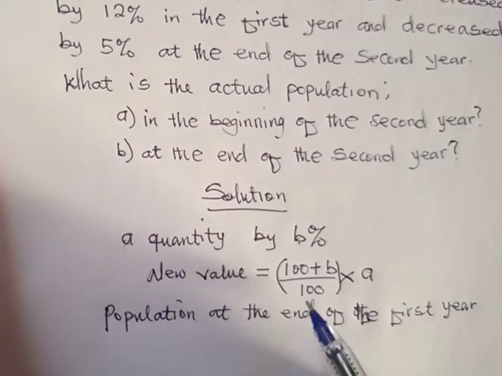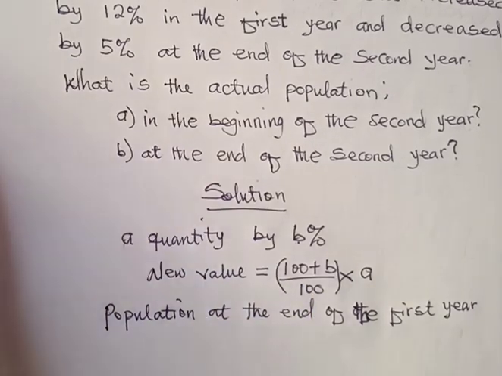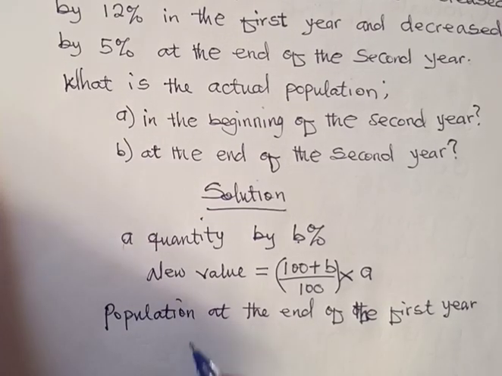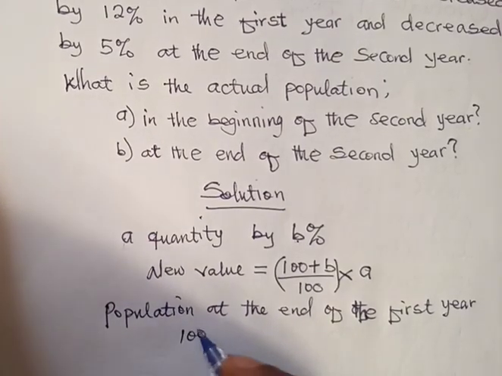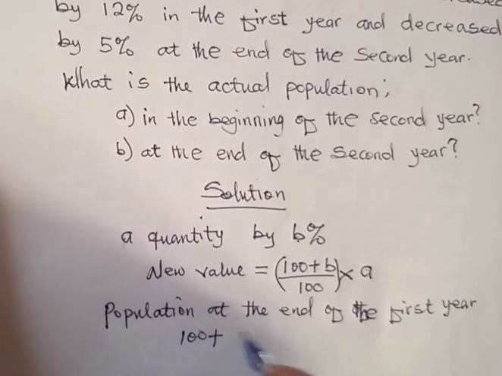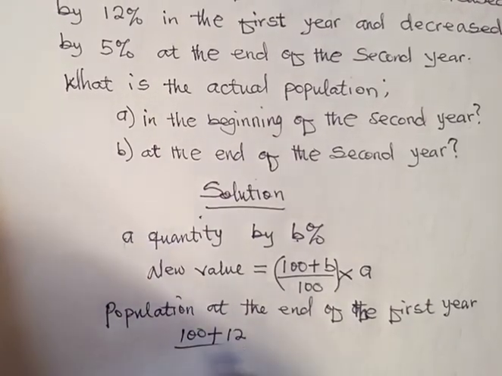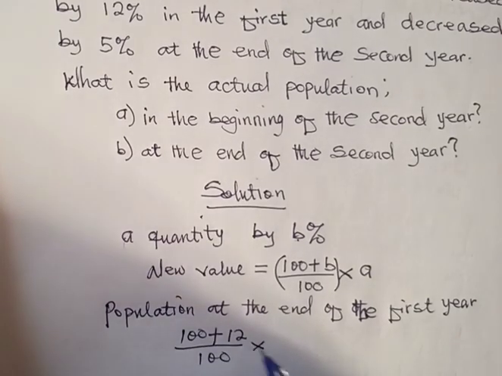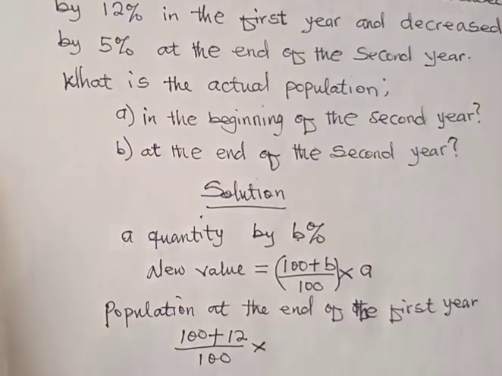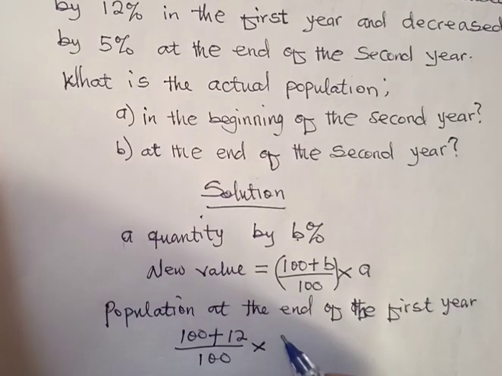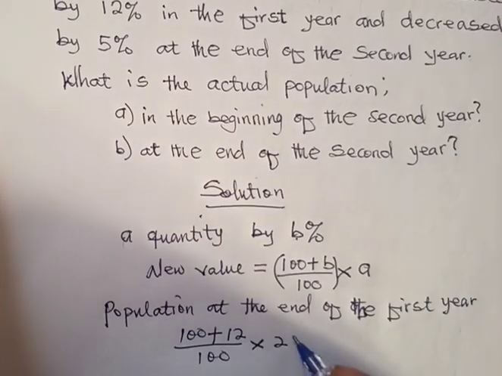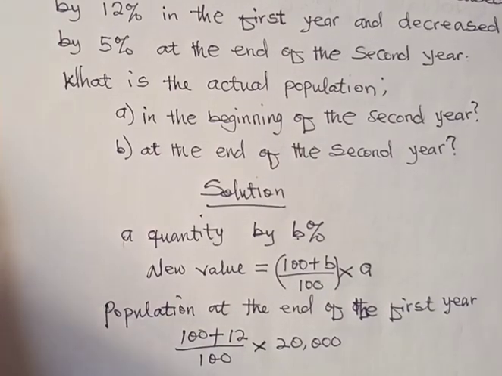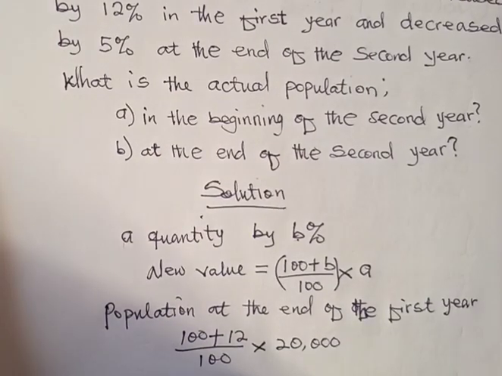The new value will be the population at the end of the first year, since we know the initial one. So I write 100 plus my b, which is the 12, and divide all of them by 100 and multiply by the actual value, the actual population. That is the initial population, which is 20,000. All right. Great. So that is what we are going to do.